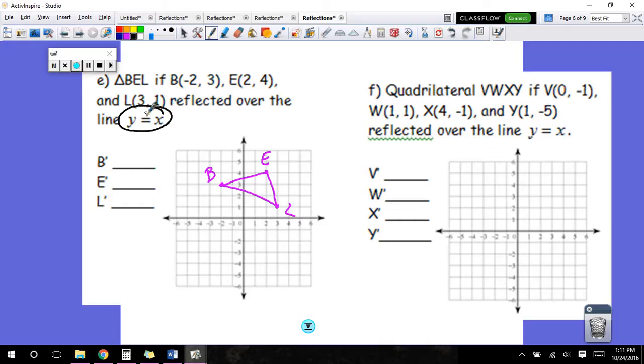What does y equals x look like again? Yeah, it's constantly increasing. Diagonal through your graph. Y equals x.